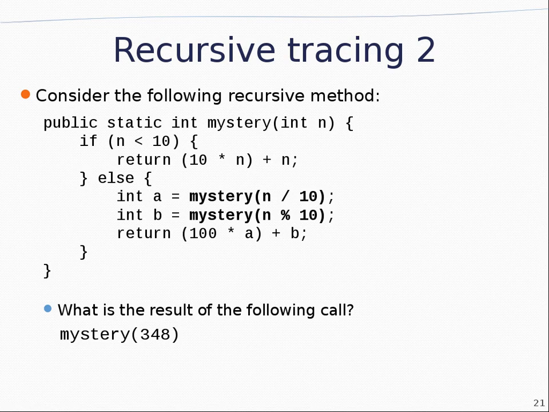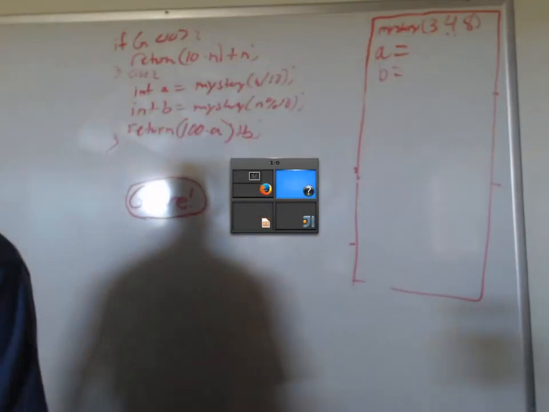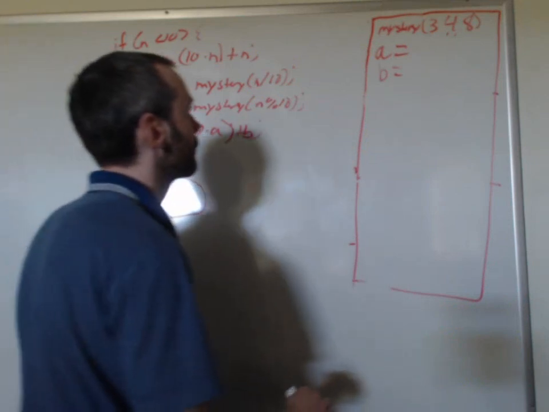Okay, let's do this one. What are we calling it on? 348. All right, so what's A?